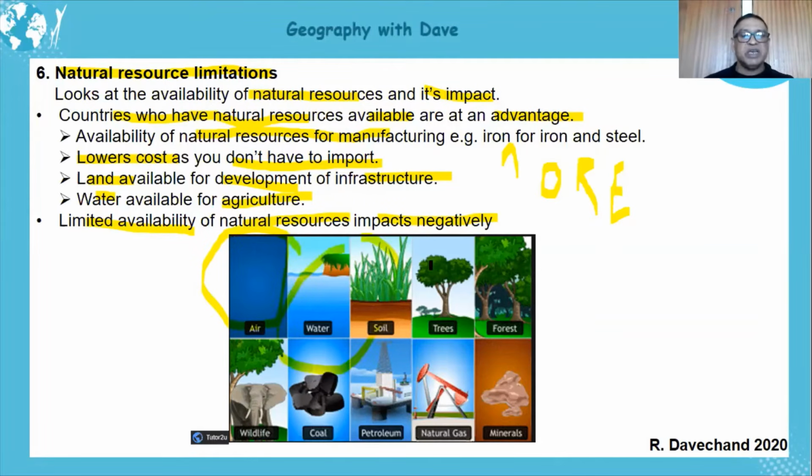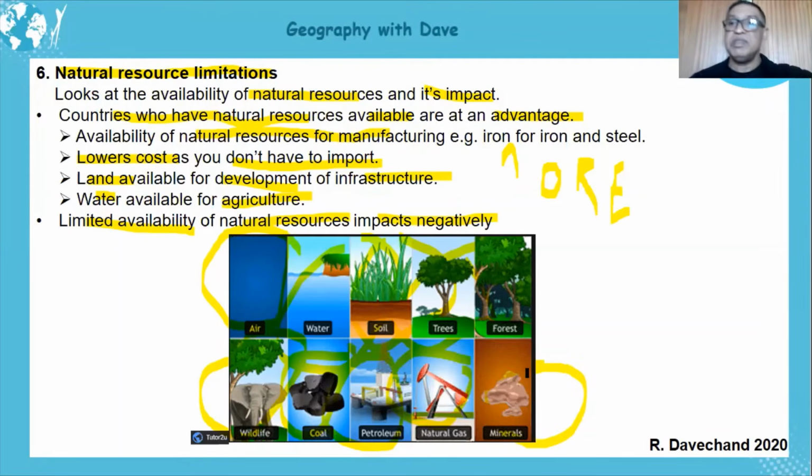Air, water, soil, trees, that's in the forest, your wildlife, of course, that's important also, right? Not for just the biltong, but what about tourism, eh? Coal, petroleum, if you have all these things, natural gas, we have a lot of minerals, gold, diamonds, platinum, and we make a lot of things, you understand, from it.